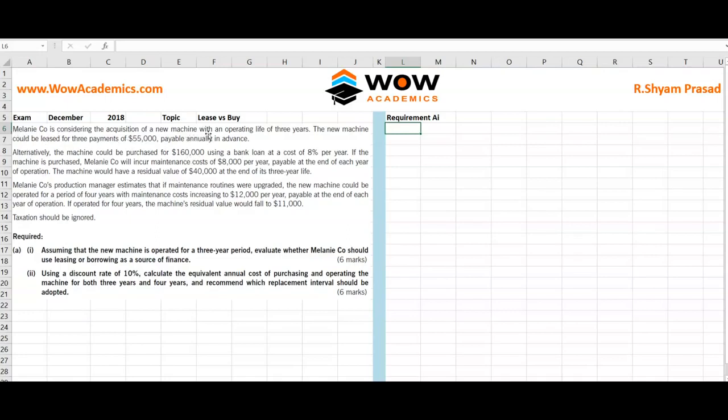Yamco is considering the acquisition of a new machine with an operating life of 3 years. The new machine could be leased for 3 payments of 55,000 payable annually in advance. So that is about the lease. Alternatively, the machine could be purchased for 1,60,000 using a bank loan at a cost of 8% per year. So this 8% is a common discount factor for both lease and buy.